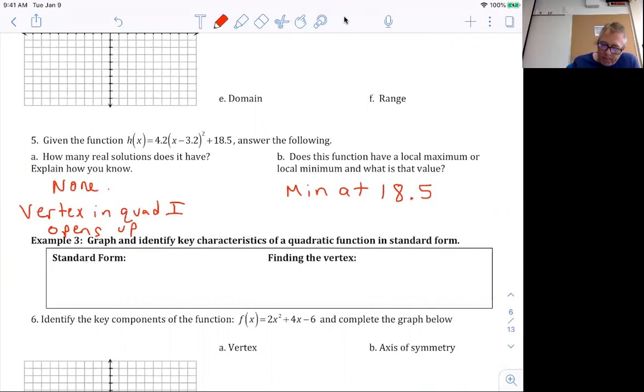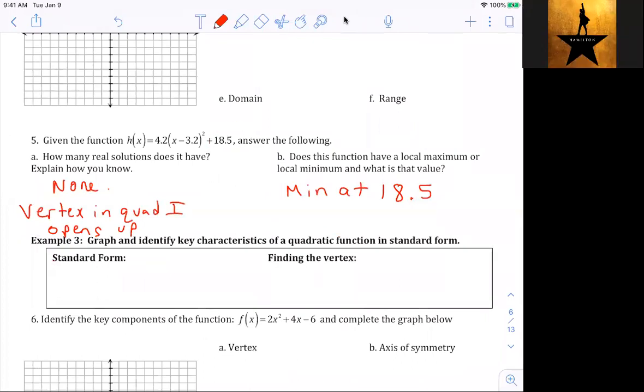And again, I know that because the vertex is in the first quadrant, it's over 3.2 and up 18.5. And then it opens upward. So the smallest minimum value would be 18.5. Wait, why is 18.5 the y?